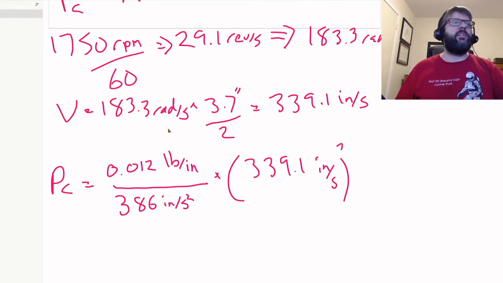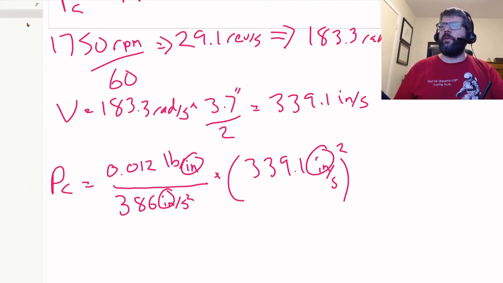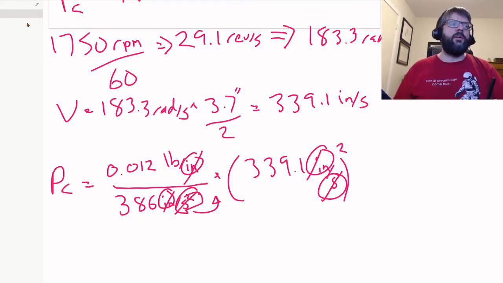But this value here squared. So again, units canceling out. I've got a per inch here, and another inch on the bottom, and then up here we got inches squared on the top. So those cancel out. Got a per second squared here, and the second squared moves up to the top when you divide it out.